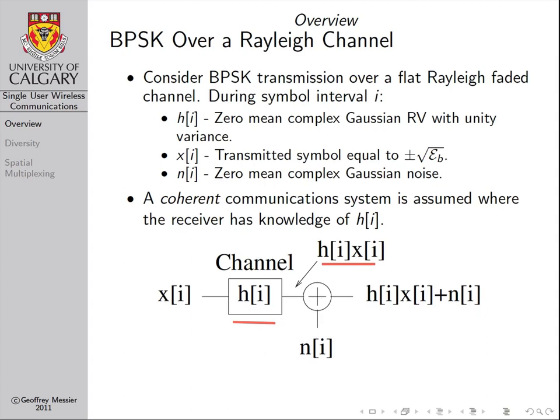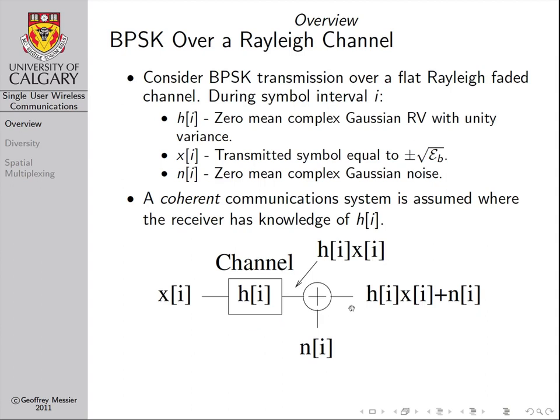So the optimal way to handle this received symbol is not to match it to the original pulse shape, but to match our match filter to the distorted pulse shape. So we match it to the shape represented by h multiplied by x.